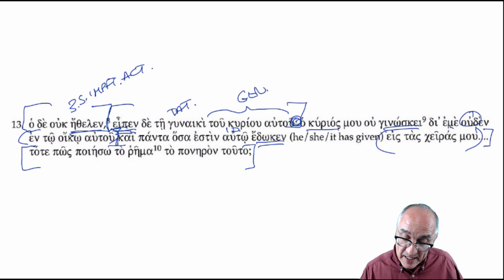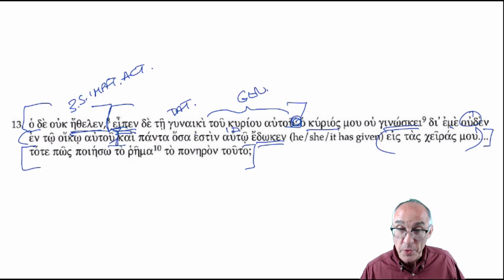And edoken, he has given, all pantahosa, all the things there are, he has given to him into my hands. Or everything he has, everything there is. Okay.